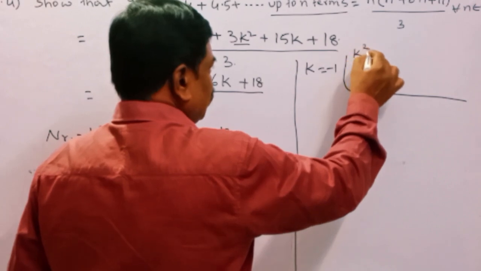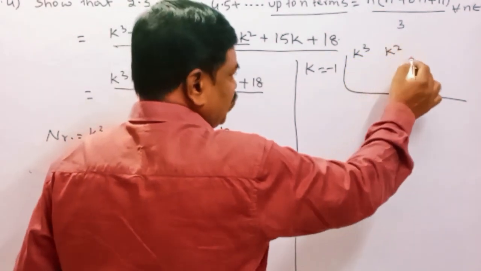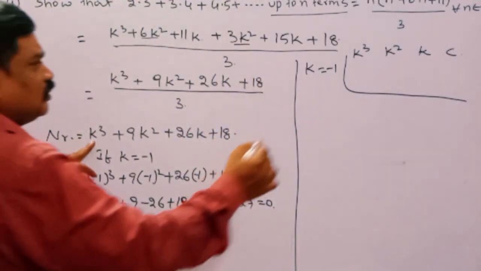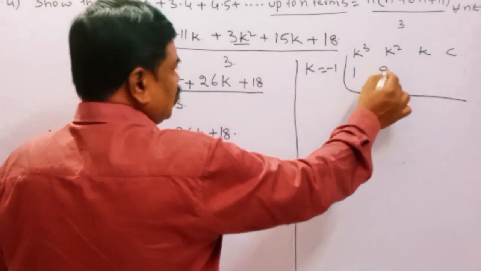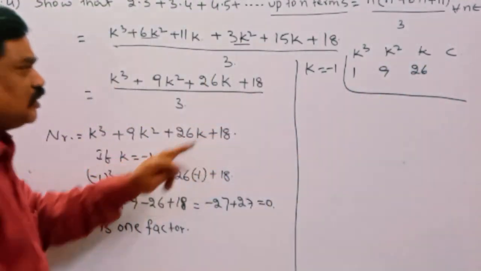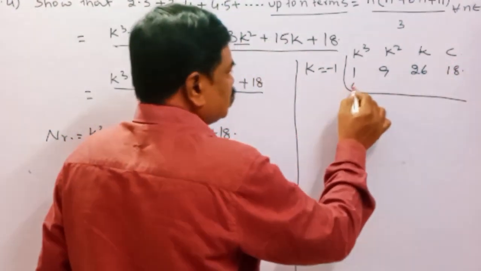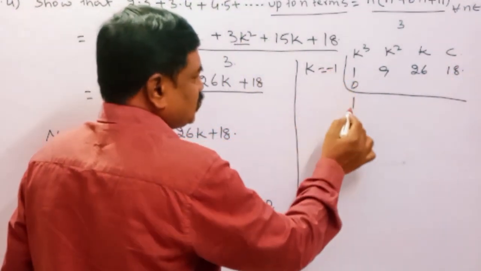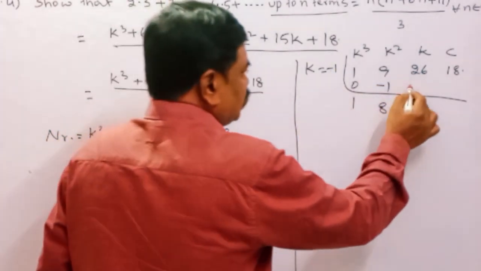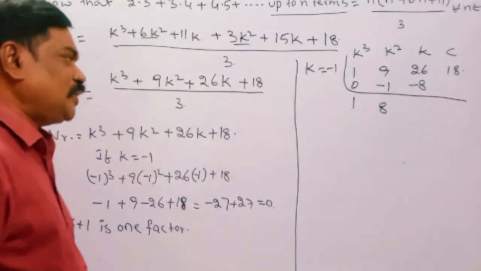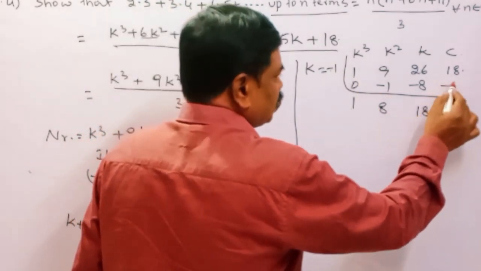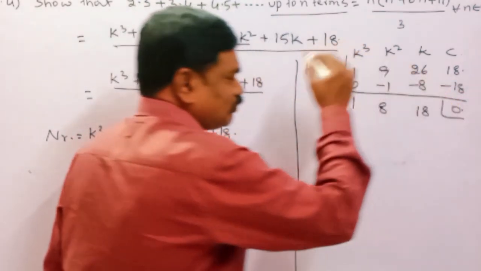This is the k cube coefficient, k square coefficient, k coefficient, and constant. Here this is 1, this is 9, this is 26 and this is 18. 0, 1, minus 1, 1, minus 1. 9 minus 1, 8, minus 8, minus 8, plus 18, minus 1 into 18, minus 18, this is 0.